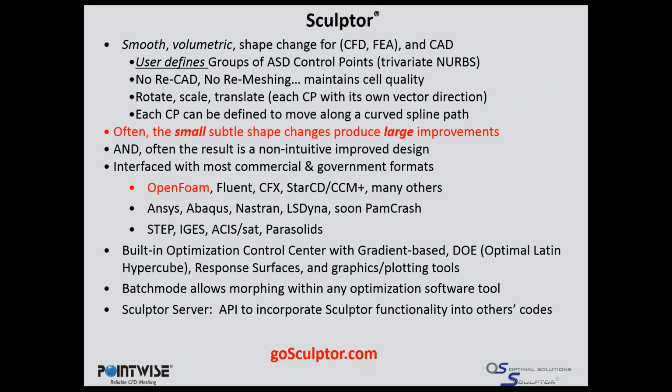Sculptor has this smooth volumetric shape change for practically any geometry, whether it's CFD, FEA, or even CAD. The user defines a set of control points and then groups some of the control points together in a way that will either rotate, scale, or translate the nodes in the model.